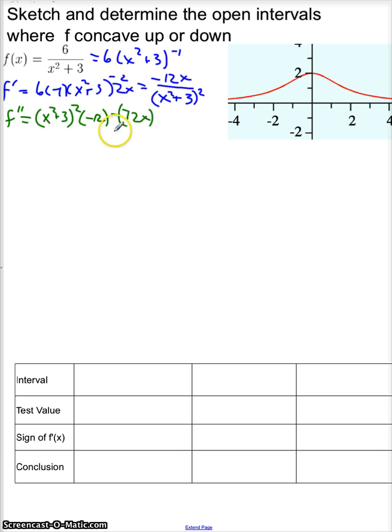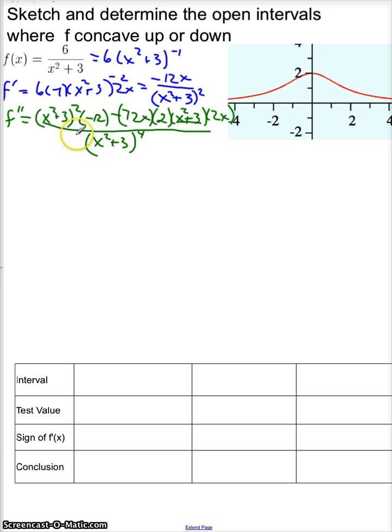Don't forget all those negative signs. Times the derivative of the denominator, which is 2 times (x squared plus 3) times the derivative of the inside there, which is 2x, all divided by (x squared plus 3) quantity squared. So 2 squared is 4.